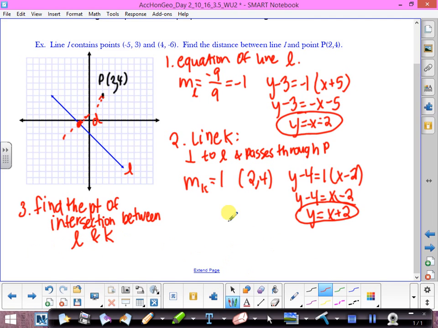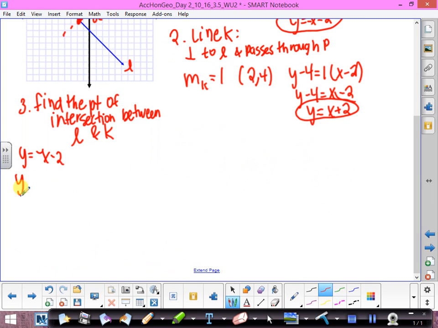In order to do that, we know we've got these two equations, y equals negative x minus 2 and y equals x plus 2. Remember, when we're solving systems, there's lots of ways to do this. Since both of these are set equal to y, I'm going to take each expression that's equal to y and set them equal to each other. So I'm basically using substitution.